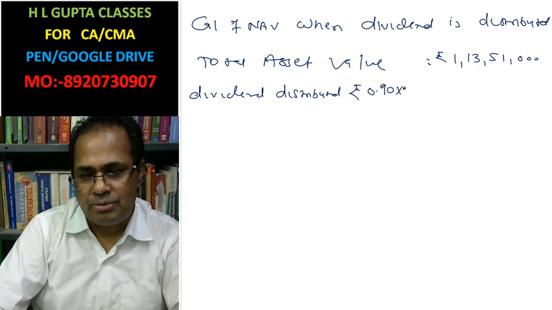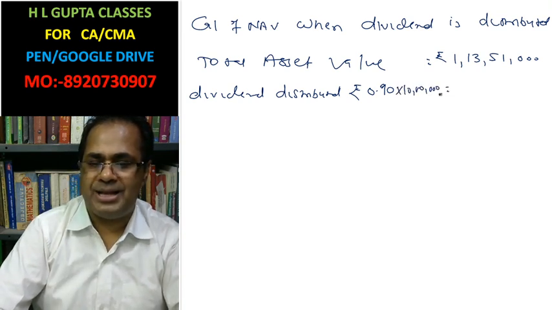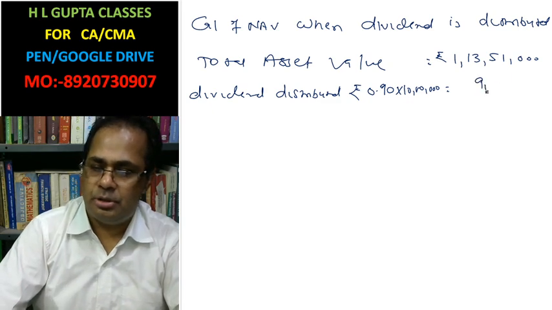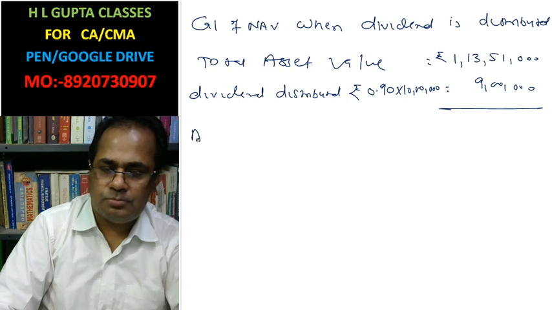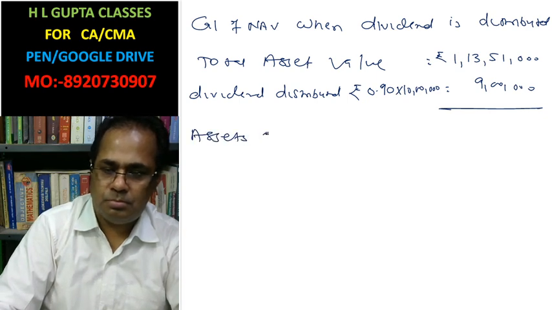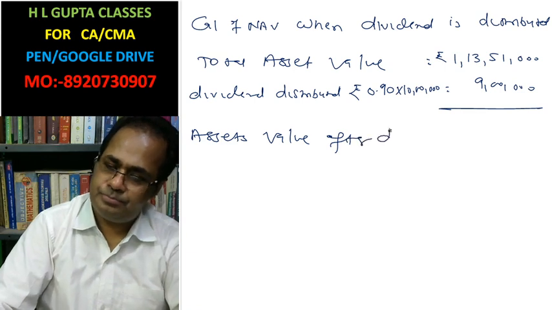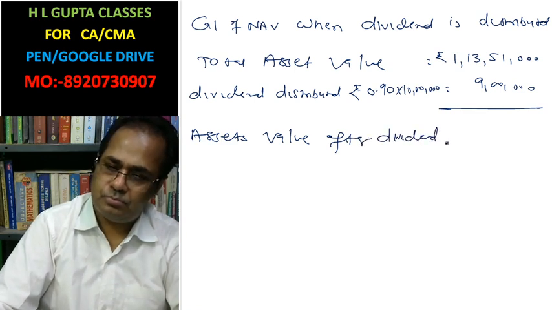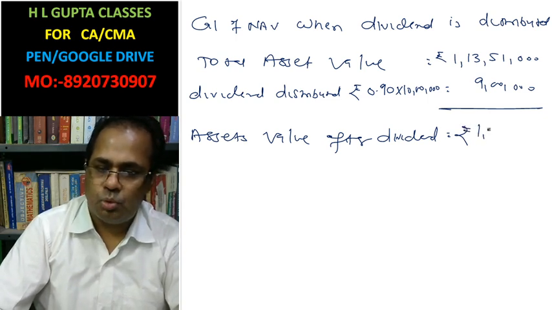How many units do you have? 10 lakh. After multiplying this, you will get 9 lakh. Assets value after dividend is rupees 1 crore 4,51,000.